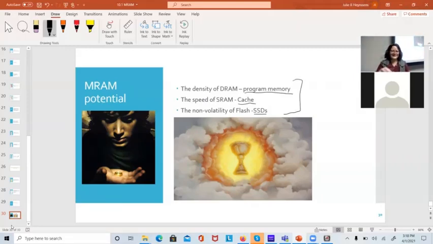ReRAM can be that. Well, ReRAM has that same potential too. Okay, so it's either MRAM or ReRAM, whichever one gets there first. I think ultimately MRAM is going to be a little bit more expensive, because you have that whole magnetic backend processing.